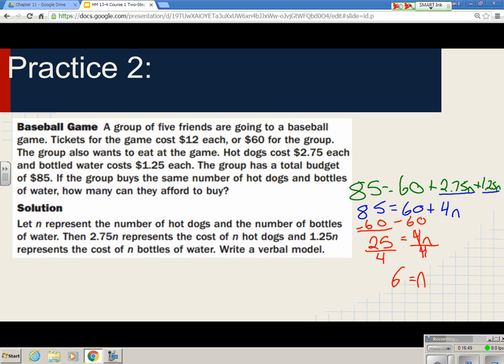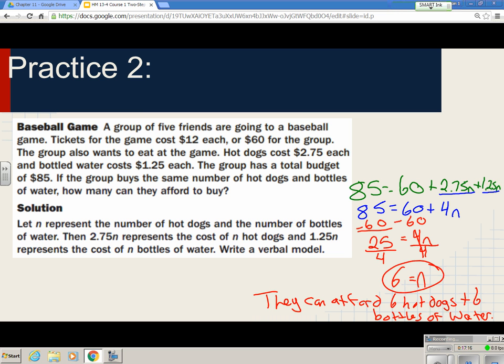So how many hot dogs and bottles of water can they afford? They can afford 6, and that means that they can afford 6 hot dogs plus 6 bottles of water. Remember, this is one of those scenario kind of questions.